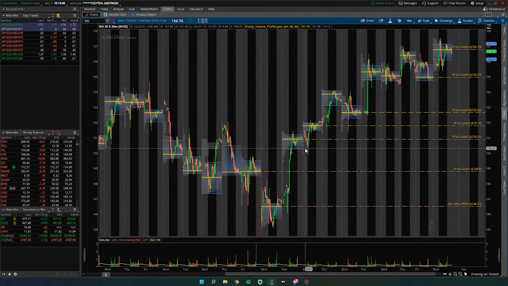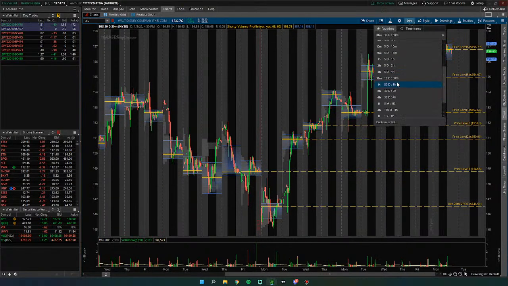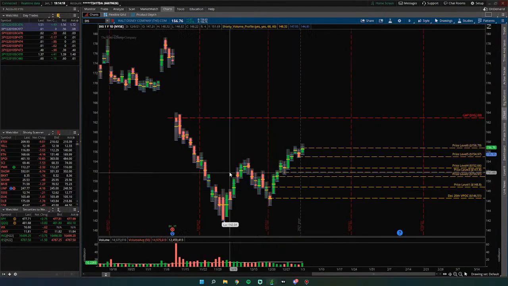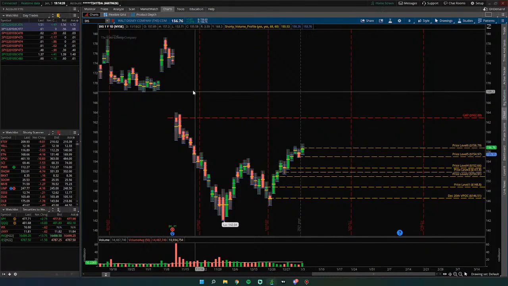Then I like to go through and draw gaps on my charts, because more likely than not, they will get filled. We have a gap here. Gaps are easier to draw in on the 1 year, 1 day. You can see I have this gap marked here.